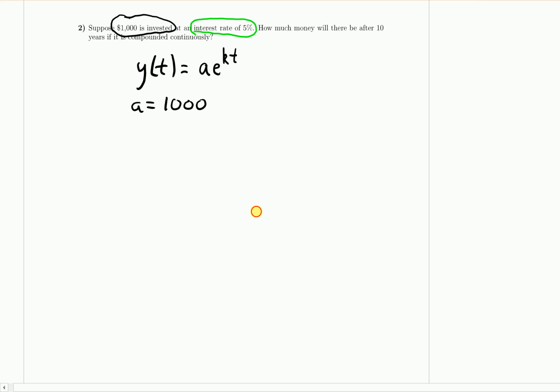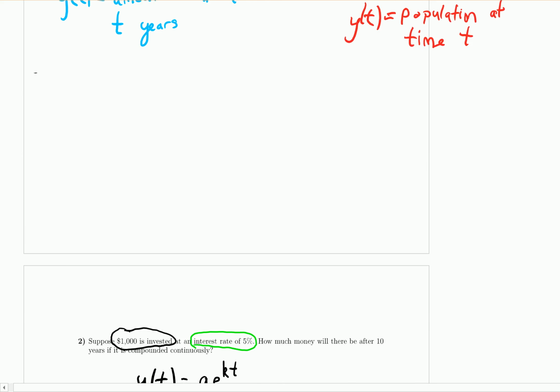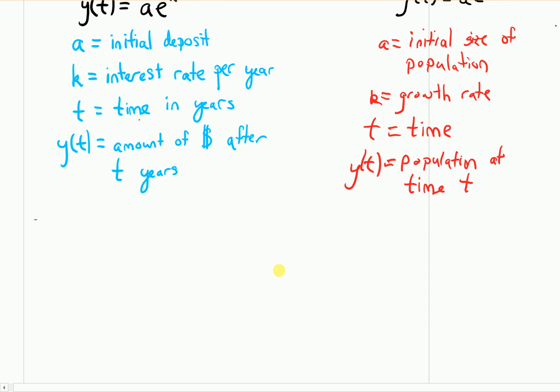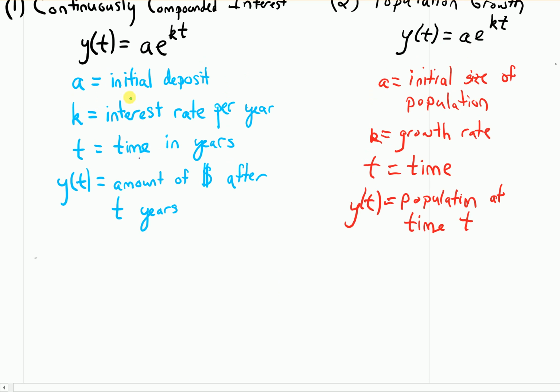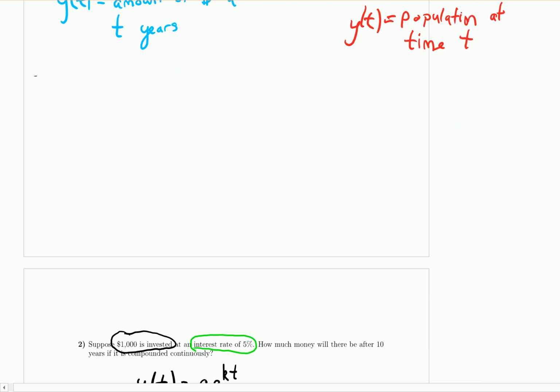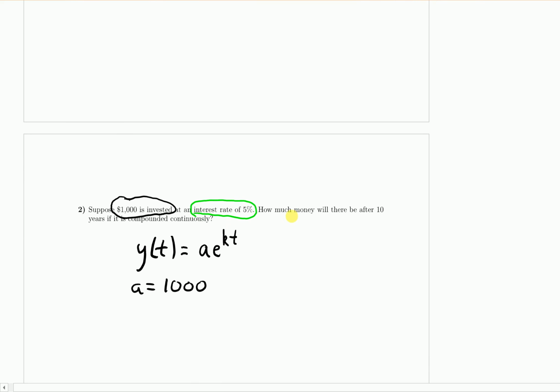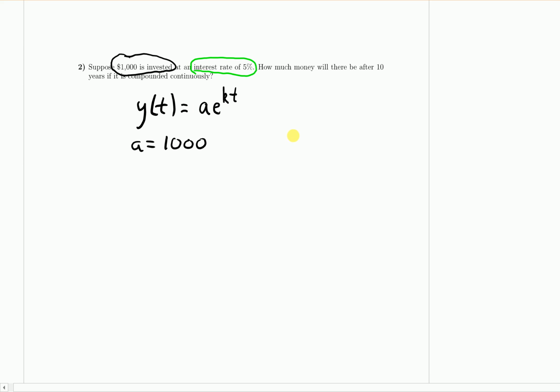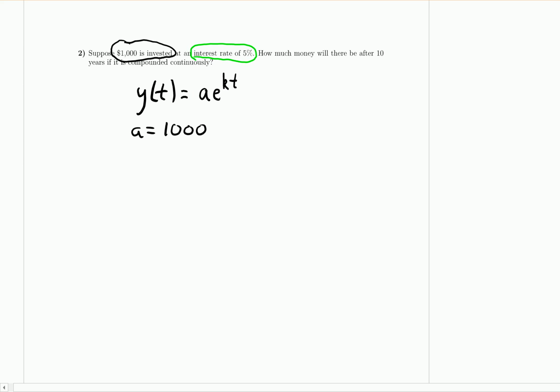And remember that with continuously compounded interest, the interest rate was K. So K represents the interest rate per year. Okay. So for our problem here, the interest rate is 5%. So that's what K is. So K is 5%. But I want to write 5% as a decimal. So as a decimal, this is 0.05. Okay. So we know those two things.